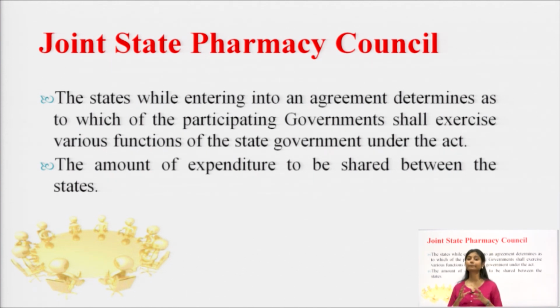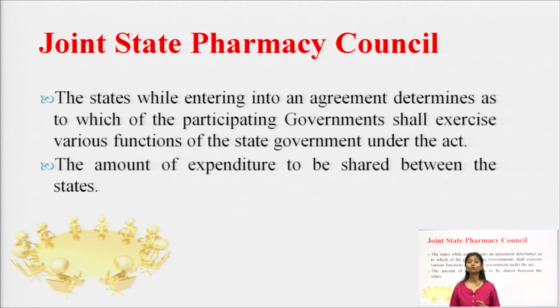That means the preparation is controlled by the central council, but its activation and follow up is taken by the state government. So all 3 councils work together hand in hand to carry out all the functions smoothly under the rules laid down by the Pharmacy Act at different levels.